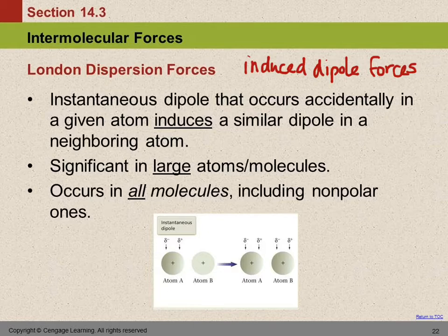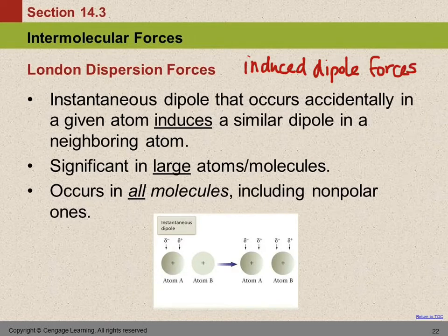So if we look at this picture down here, here's atom A and atom B, and these are nonpolar. They're just atoms. They're not sharing electrons with anybody, so they have to be nonpolar. But what if the electrons in this atom happen to be more on this side than on the other side?